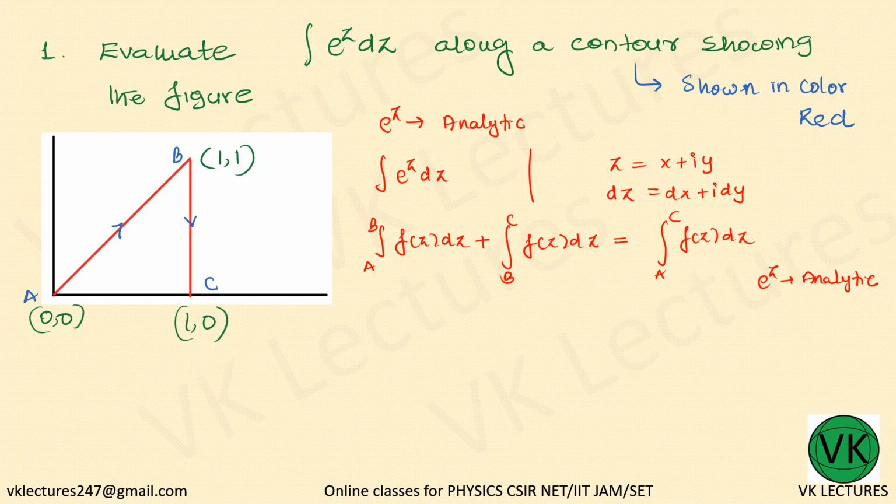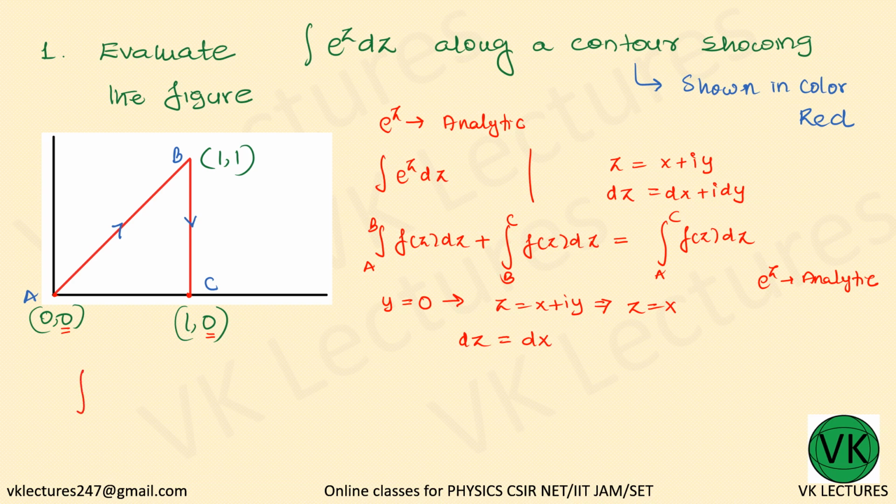Now a to c means the value of y is equal to 0 when moving from a to c. You see the second coordinate is 0, so y value is 0. So z is equal to x plus iy, means z equal to x and dz equal to dx.